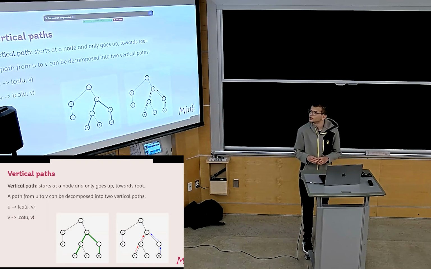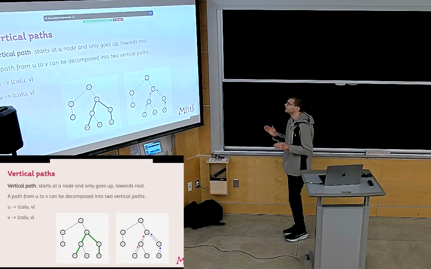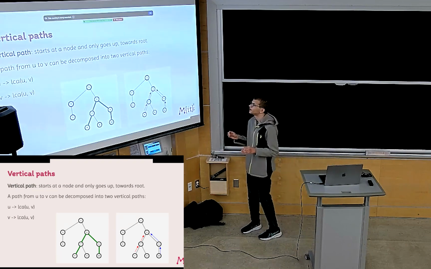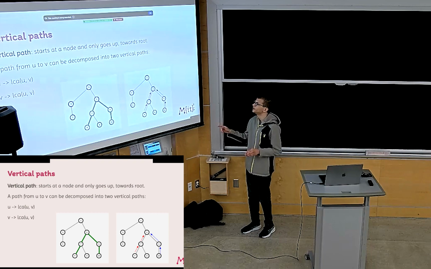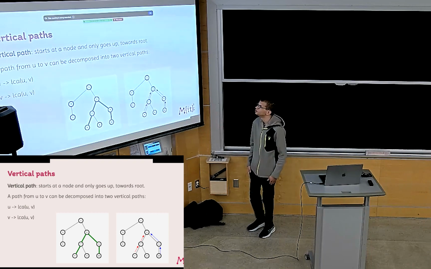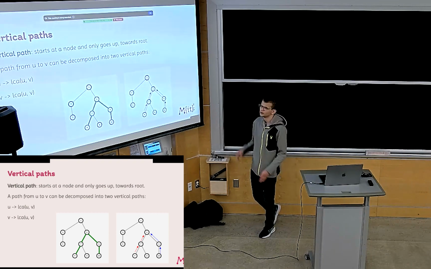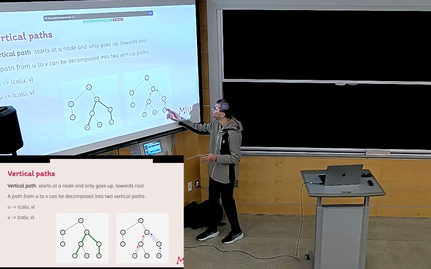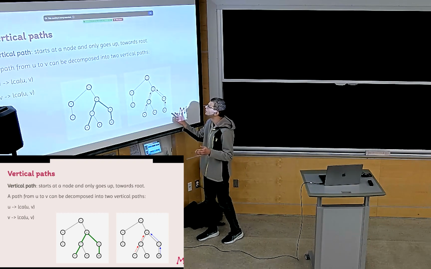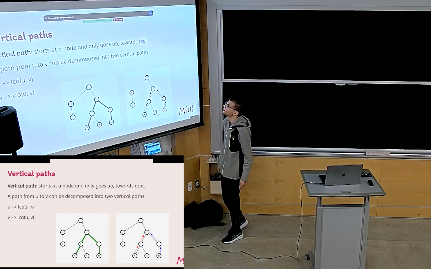Okay, so one key idea is that any simple path in a tree can be decomposed into two vertical paths. A vertical path is just a path where you start at a node and you only ever go up, towards the root.